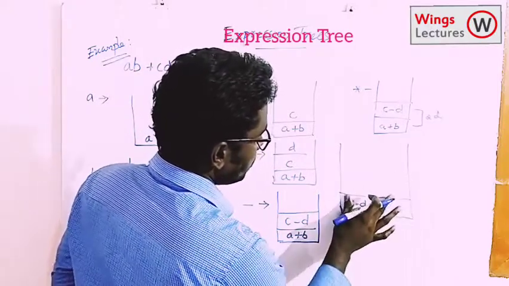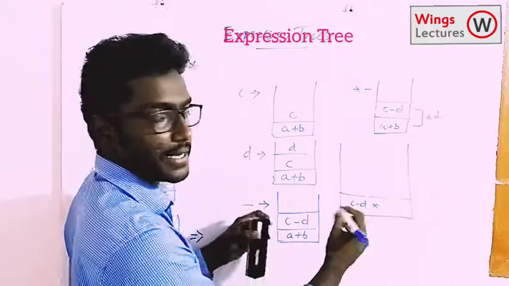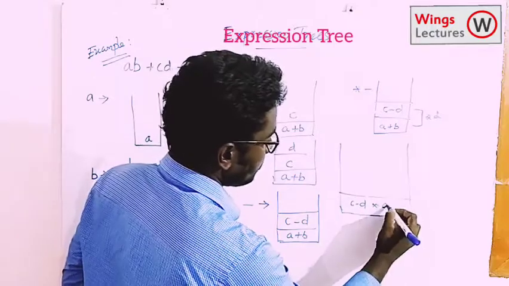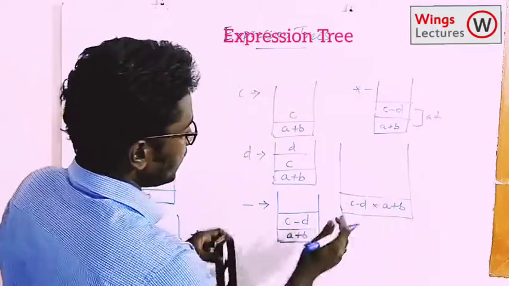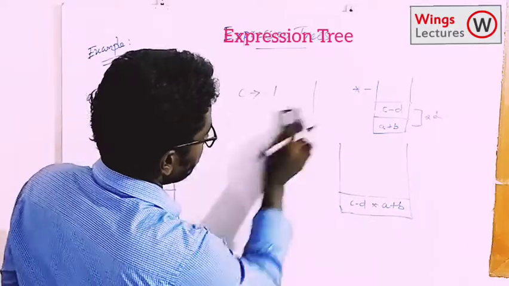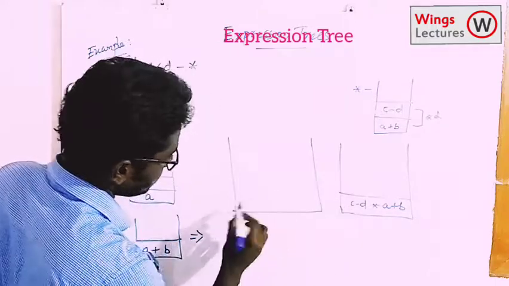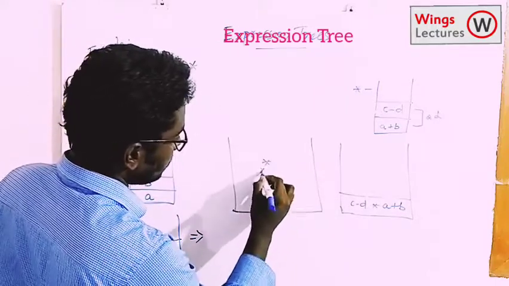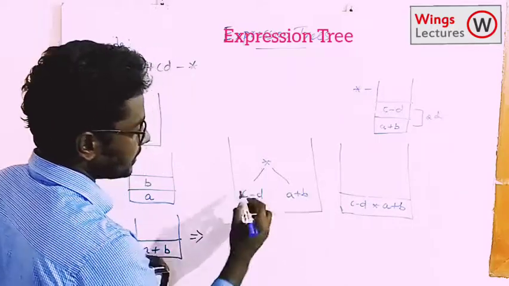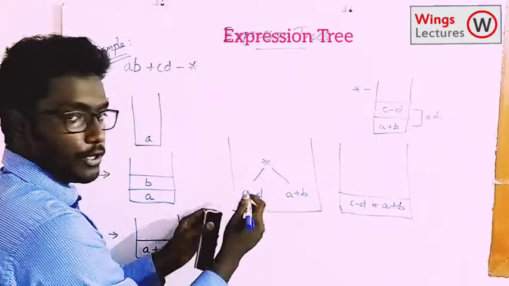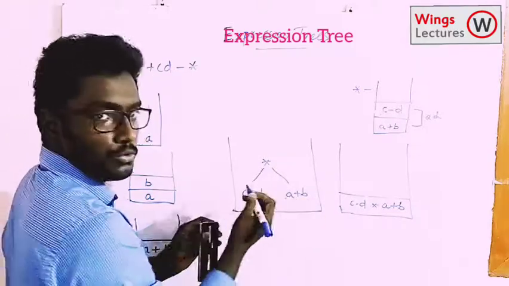So don't write open brace and close brace here. Just for understanding I have written that, and then A plus B. Which is nothing but I can write it here: the expression star, C minus D, and A plus B. It states that we are going to perform the star multiplication operation by using these two values.